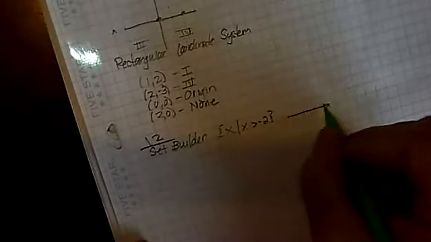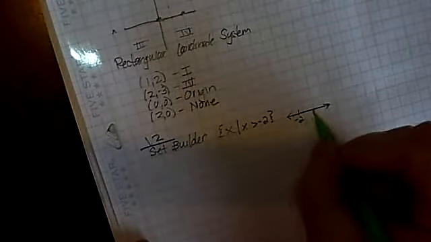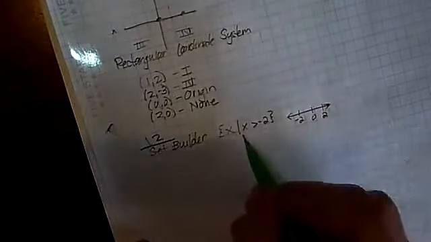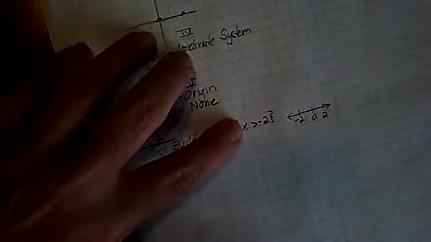So if I were to graph this on a number line, remember we always read from the variable. This is just saying for all of x, whatever I put in for x, all right? So I don't have to worry about that when I'm looking at the graph. x is greater than negative 2.